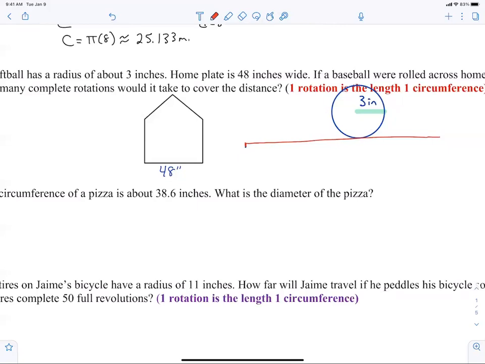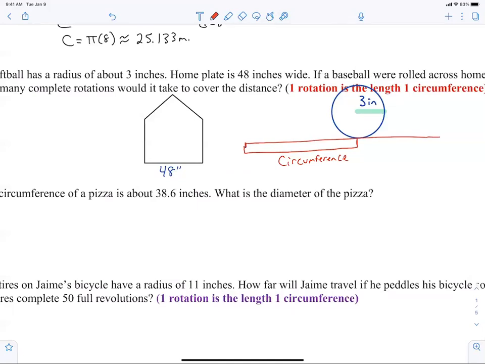You're not answering my question. I don't care what the answer is. I want you guys to answer my question. How far did it go? The circumference. That's right. From here to here. Thank you very much. It rolled the circumference.